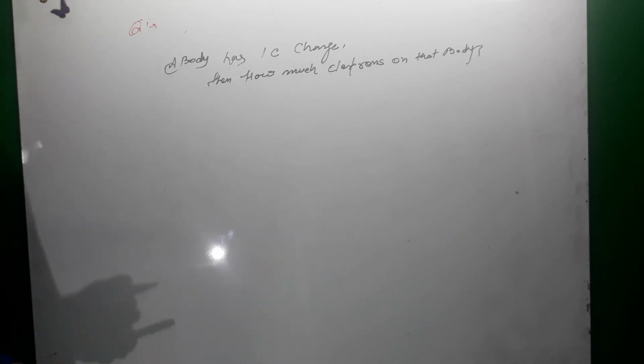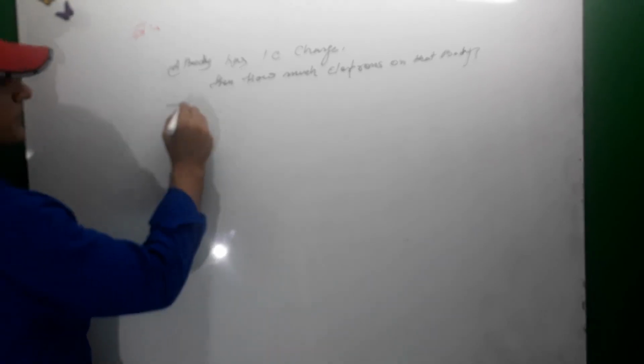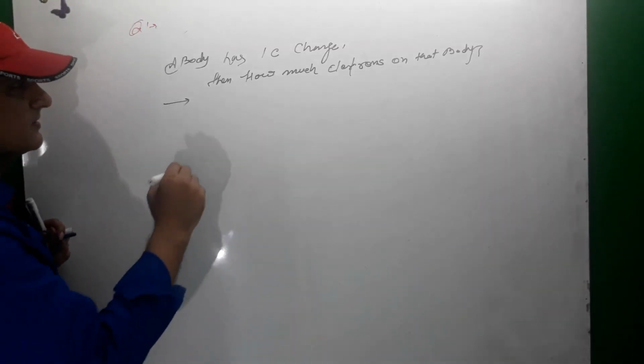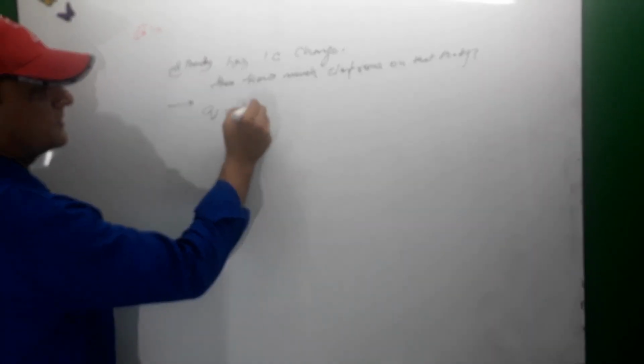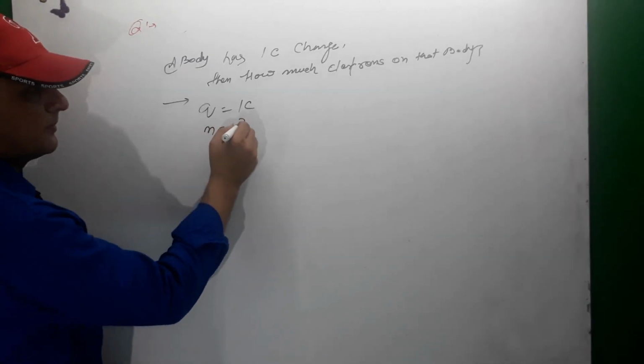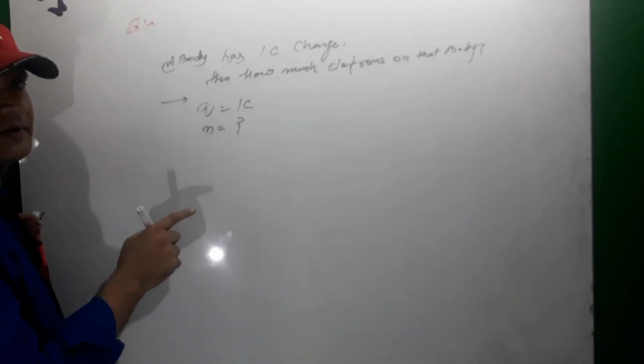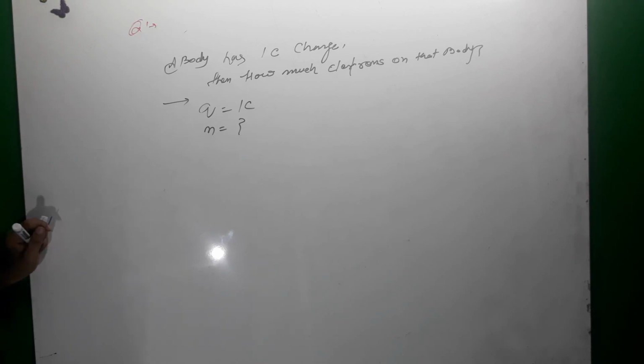If a body has total charge 1 coulomb, you simplify. This is a question of quantization. Q is equal to 1 coulomb is given, and he is asking about n, the number of electrons.